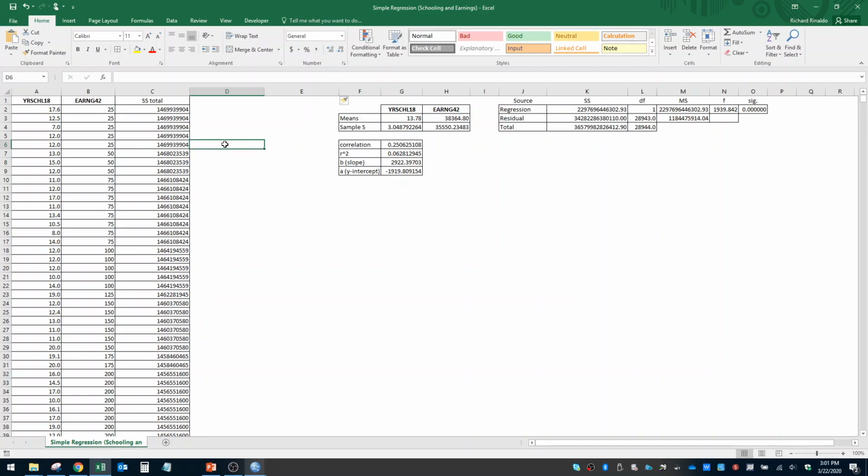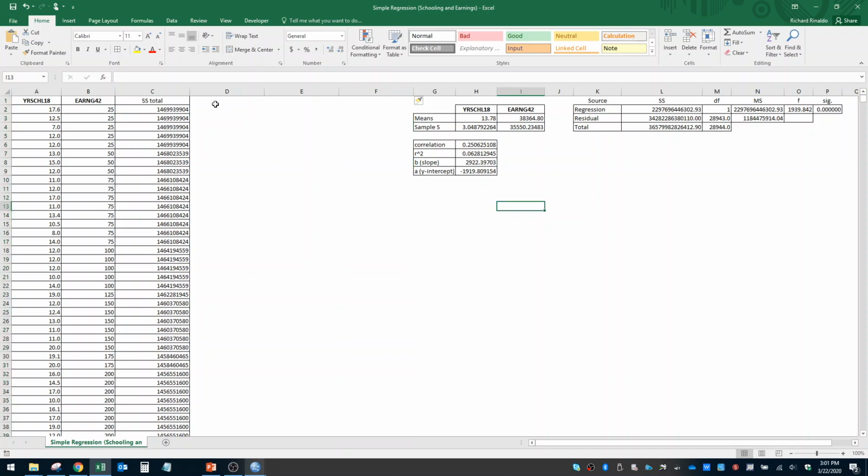Okay, so what we're going to do now is look at some diagnostics. So I'm just going to insert an extra row here, and we're going to calculate the predicted value.